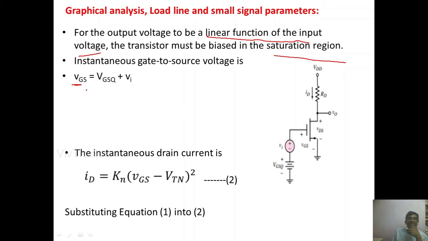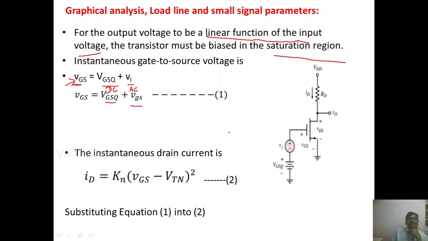So the instantaneous gate to source voltage will be given as VGS, where VGS is equal to VGSQ plus Vi. Here VGS is a combination of the DC component as well as the AC component. VGS is equal to VGSQ plus small vgs.